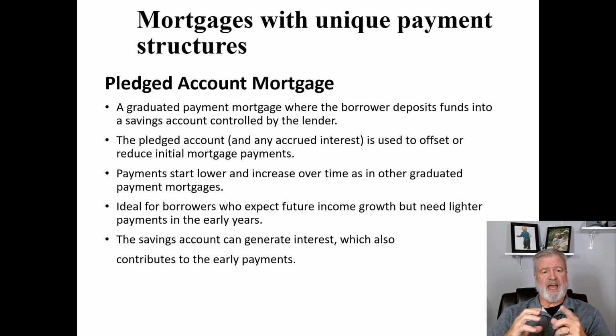This account is used to offset or reduce initial mortgage payments. Payments start lower and increase over time as the other graduated payments do. It says it's ideal for borrowers who expect future income growth but need lighter payments in the earlier years. The savings account can generate interest, which also contributes to early payments.